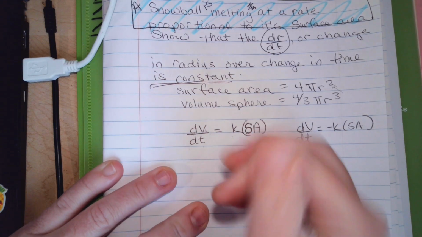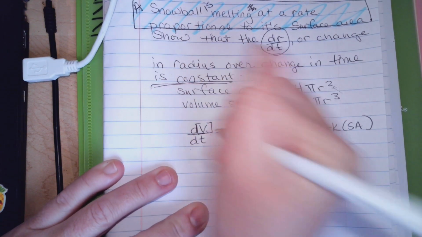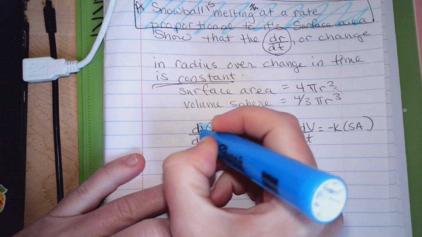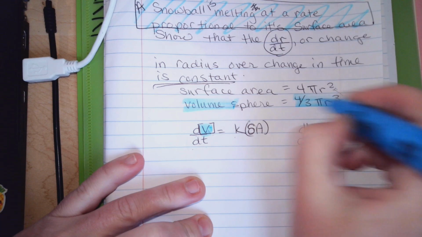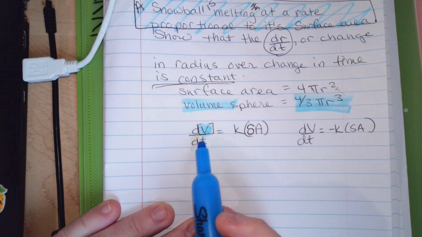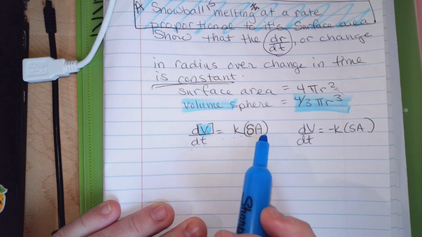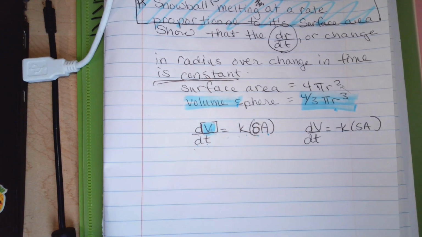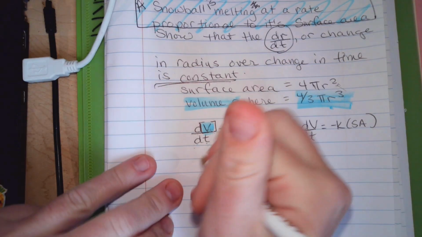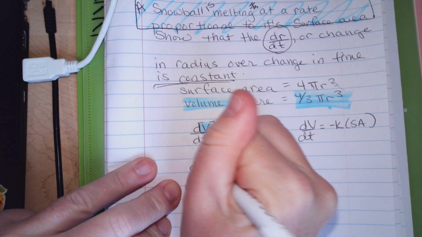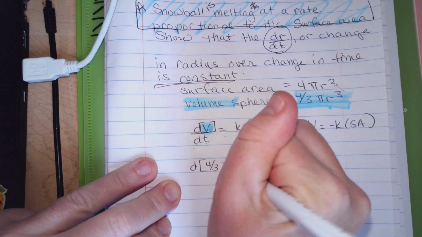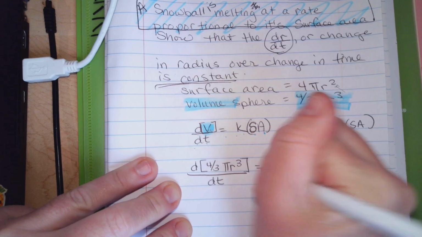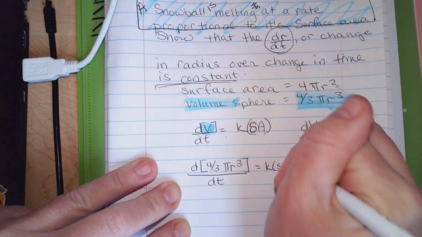Let's go ahead and substitute in for this V. We're saying the change in volume over the change in time equals K SA, and the volume of my sphere is this. So I'm going to rewrite d of 4/3 pi r to the third over dt equals K SA.